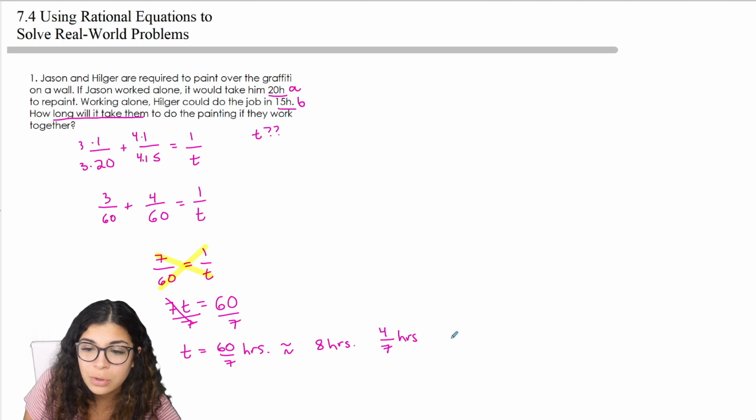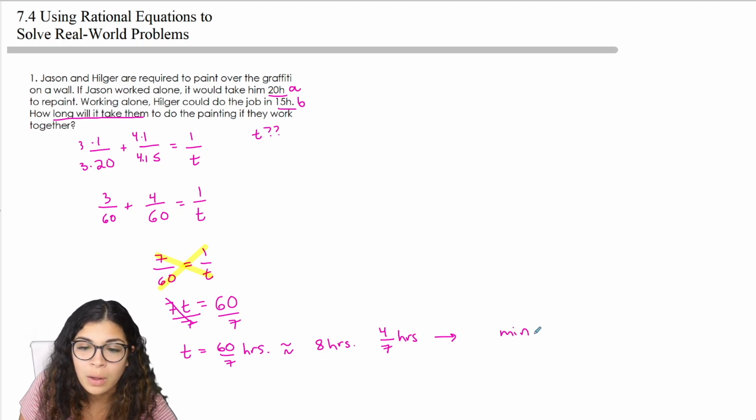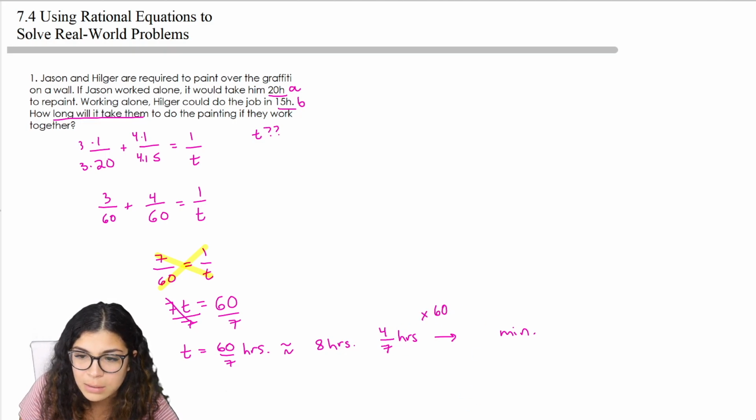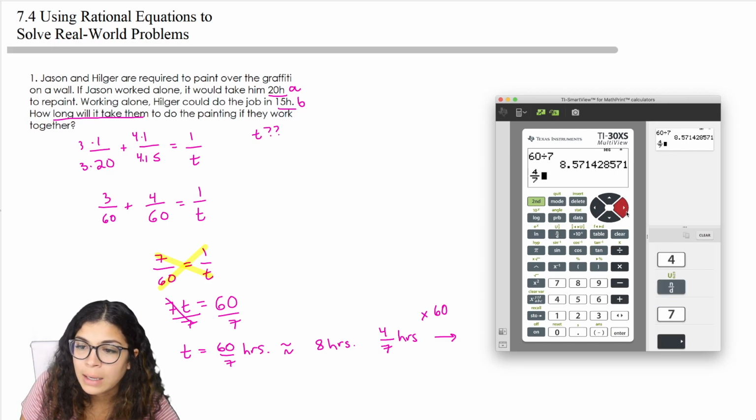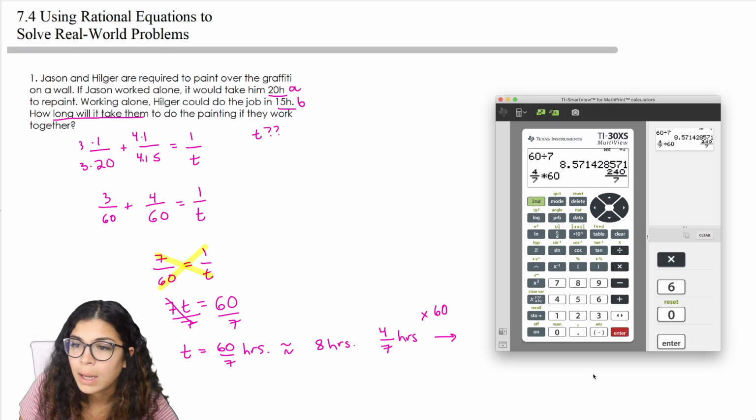We're going to need to change those 4 over 7 hours to minutes. So all that we will do is multiply the hours by 60, and that will give us the minutes. So I could do 4 sevenths times 60, and it's 240 over 7, and we will round that to the nearest minute.